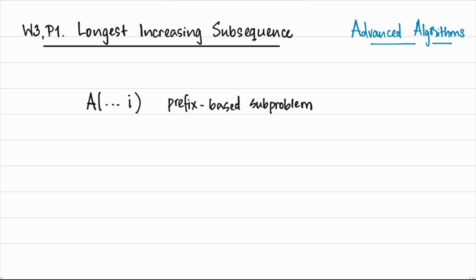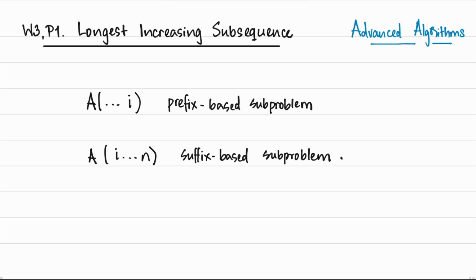You could also ask yourself what happens for the last I elements. This would be a suffix-based subproblem. So once again, the idea is that you try to understand what the solutions would be for these smaller instances, and you'll have some sort of a base case, which is the smallest of the small instances, which can typically just be solved directly by hand.